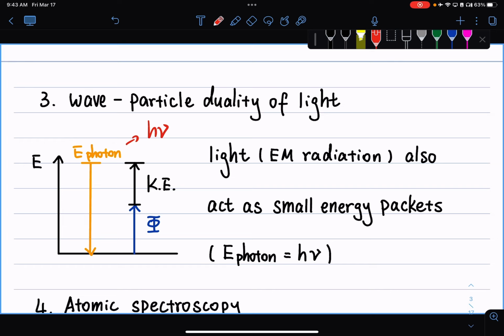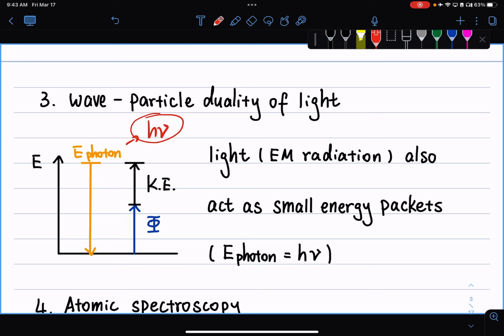So the nature of light, for one, it is a wave. You can have wavelengths, you can have frequency of an EM radiation. At the same time, they also act as small packets of energy or photons. So each photon consists of h nu of energy. Those little packets of energy give you the particle nature of light. So that's what we call wave-particle duality.